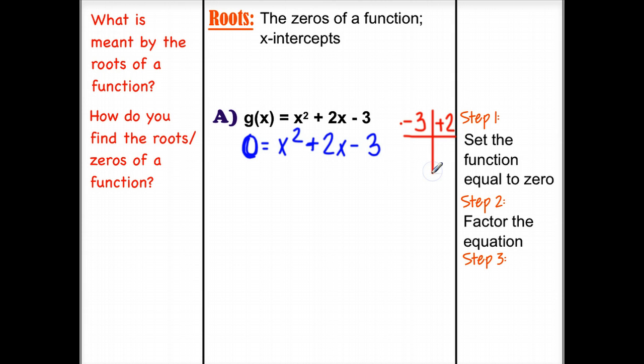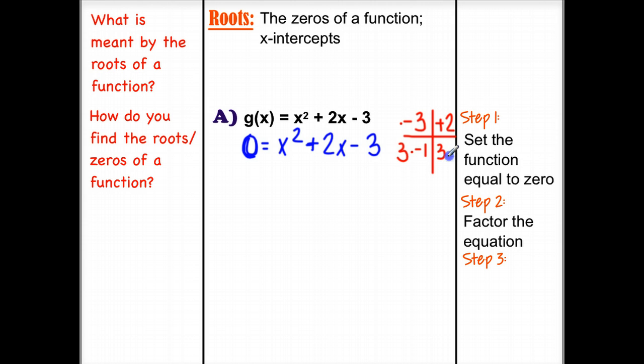So when I look at this, I know 3 is prime. I know if we're multiplying to a -3, our two numbers have to be opposite signs, and to add to a positive 2, the bigger number has to be positive. And because 3 is prime, the only way we can do this would be 3 times -1.